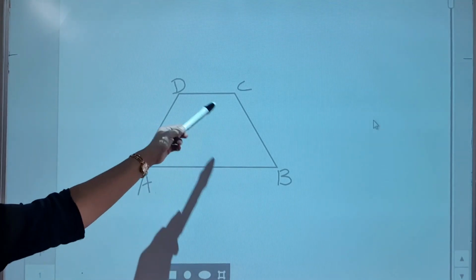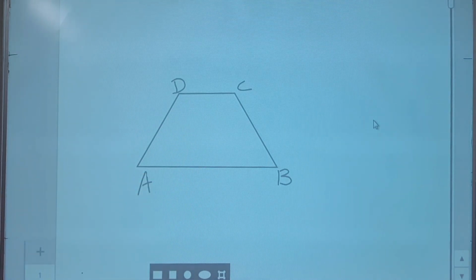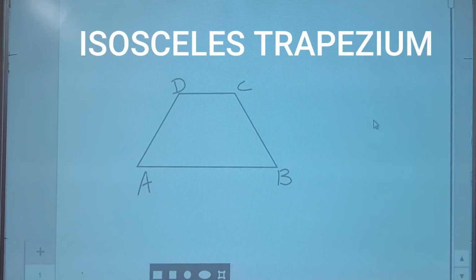Here, children, this figure is isosceles trapezium. Here what are the properties of isosceles trapezium? Only one pair of opposite sides parallel. Then non-parallel sides. These are non-parallel sides AD and CB. These are equal. Then diagonals, that means A to C and B to D. These are equal. And angles on each of parallel sides equal.